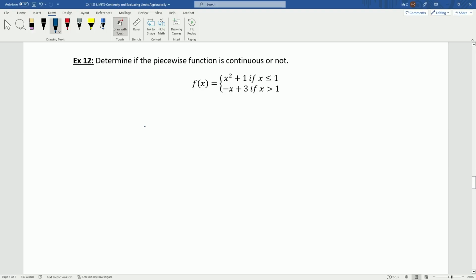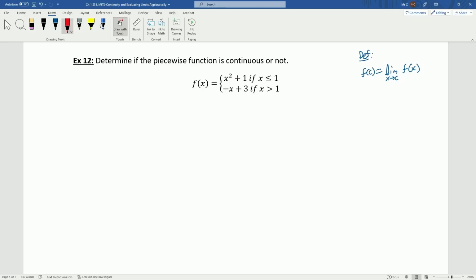Okay, example number 12 here. Determine if the piecewise function is continuous or not. So all we need for continuity, the definition says that f of c equals the limit as x approaches c of f of x. So we have some useful facts that we can call on.